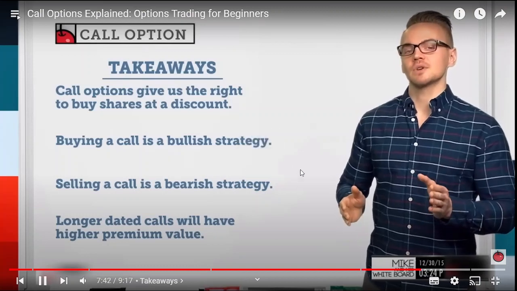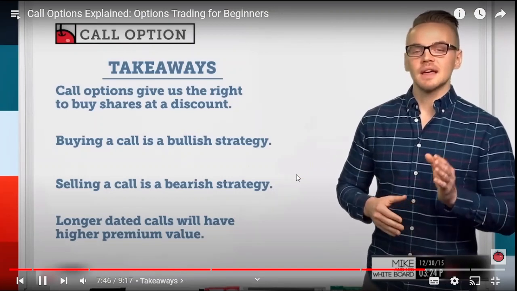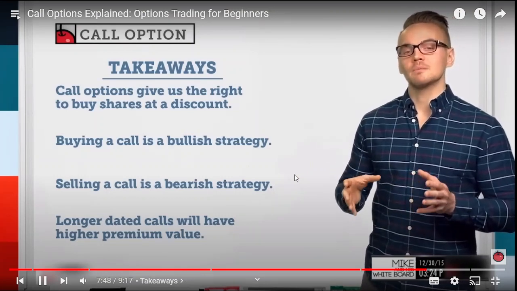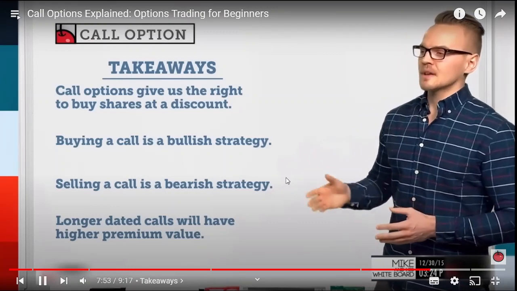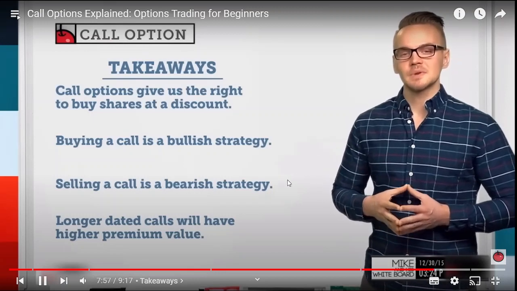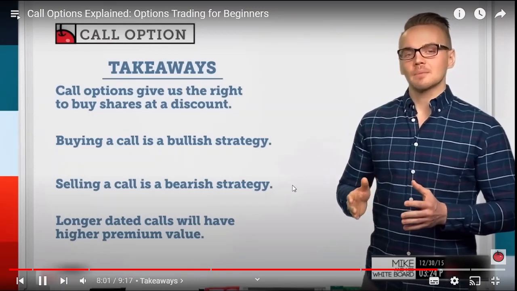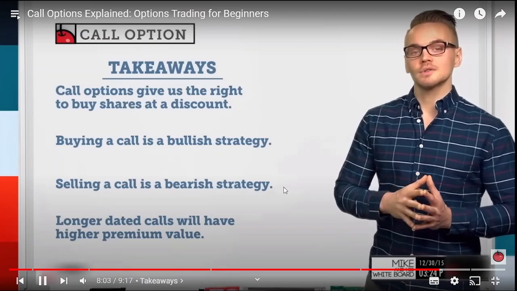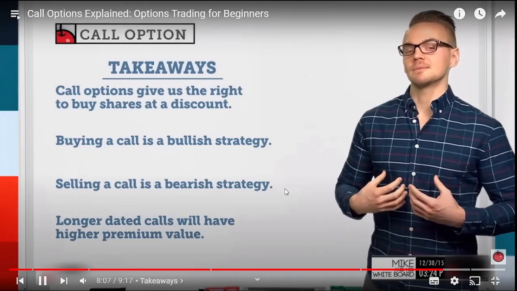Inversely, selling a call is a bearish strategy, because if I sell an option that's out of the money, I want that stock price to either stay the same or go down, because that would allow me to keep the credit that I originally received as profit.